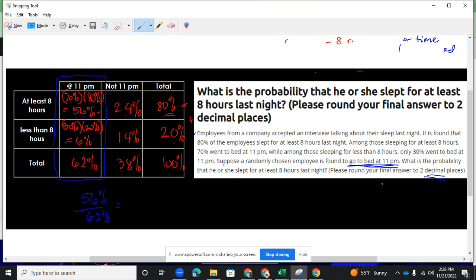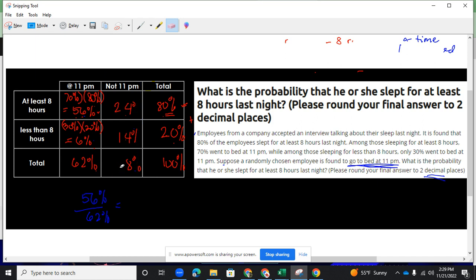Now, for instance, the question is, suppose a randomly chosen employee is found to go to sleep not at 11. Okay, so not at 11. So therefore, you'll be concentrating on this one. What is the percentage of people who slept less than 8? So it'll be 14 over 38 in that case.